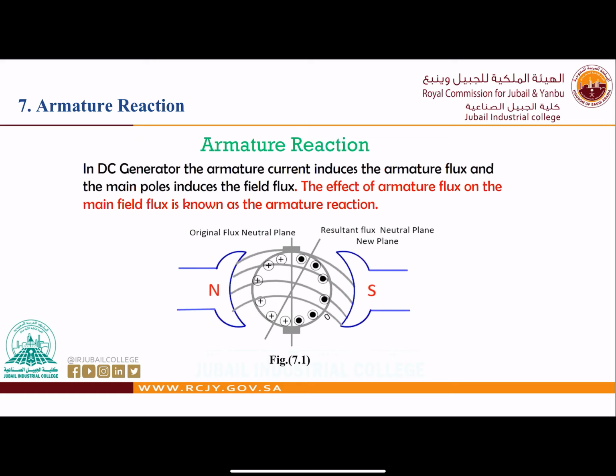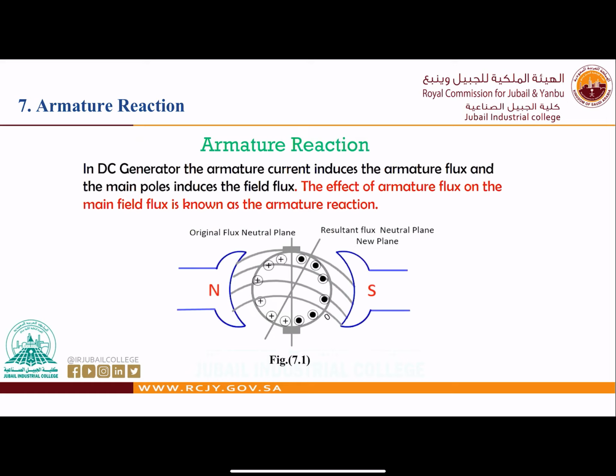If we have a load, we will have a current in the armature winding, so then we will have a magnetic field. That magnetic field interacts with the field, and we will have an armature reaction, where some losses occur.